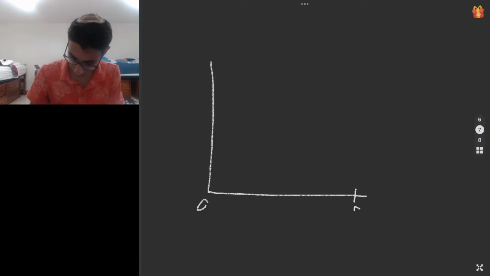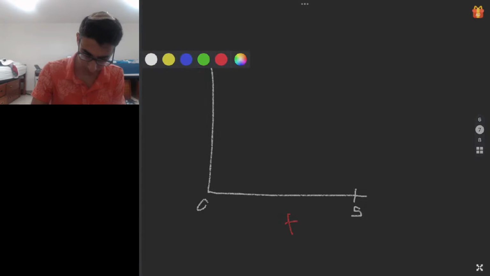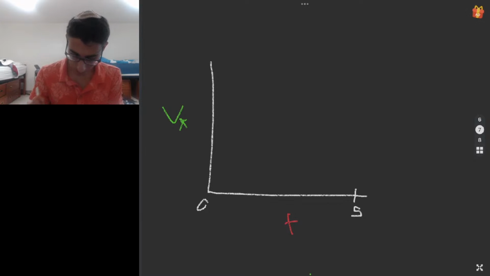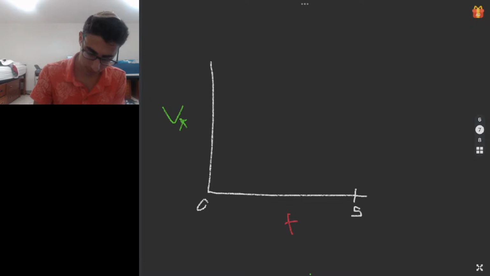From time 0 to time 5, this will be v sub x.